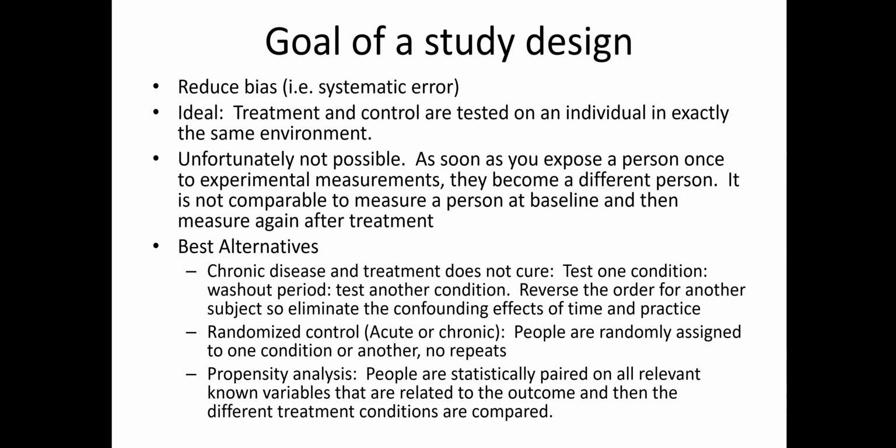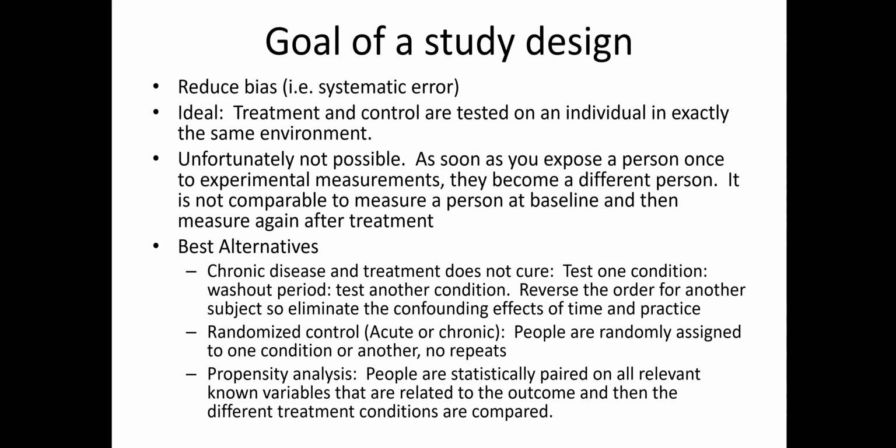It's just bad, because a person, when they're measured the second time, is just different. Time has passed, their condition may have changed, they have practice on the outcome measures. It's just not possible to do that.